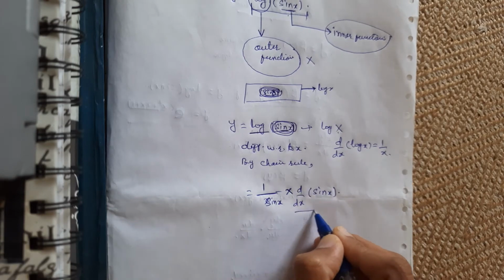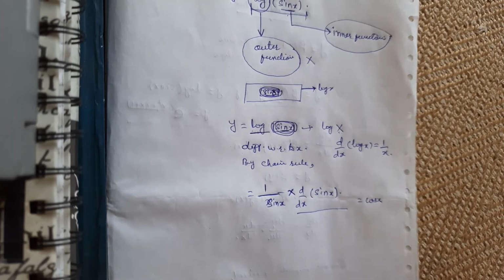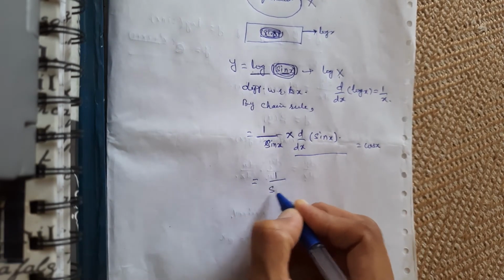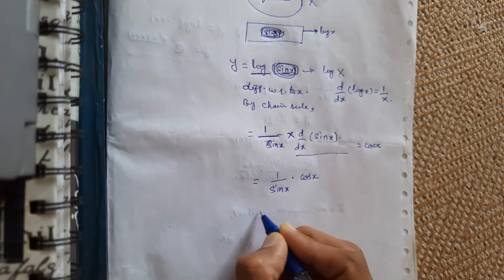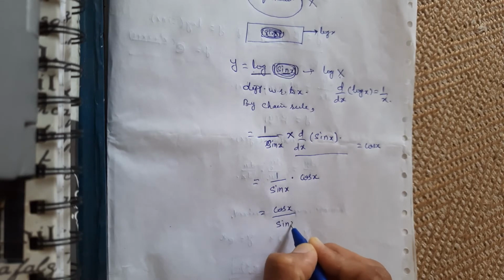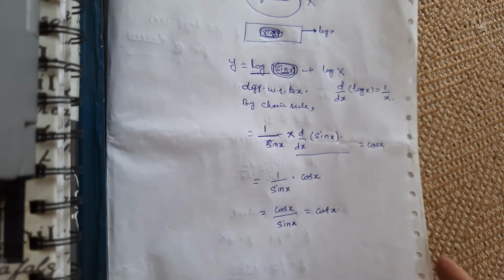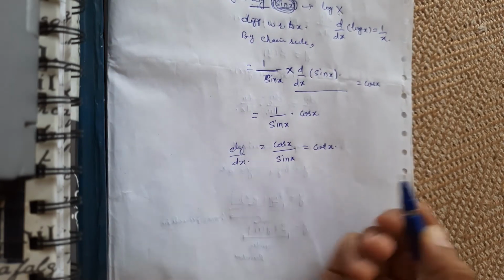Now we know that the derivative of sin x is cos x from the standard formula. So what do I get here? 1 upon sin x into cos x, or we can write it as cos x upon sin x, which is nothing but cot x. So this is my dy by dx.